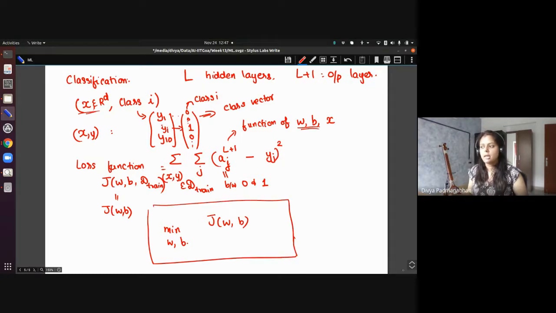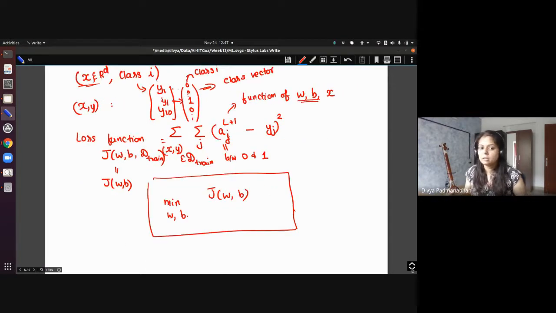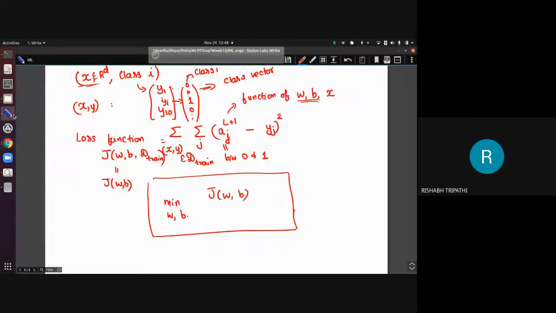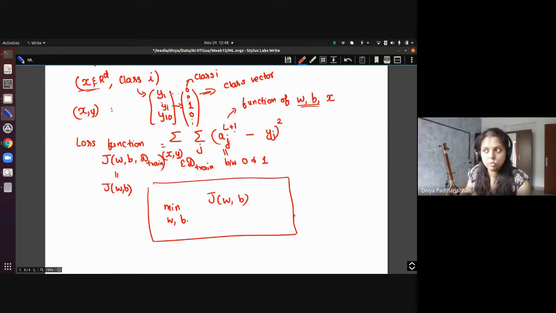Excuse me, ma'am. Yes, Rishabh. Ma'am, here in the loss function it is written a_j minus y_j. I think it should be a of x and y of x. So this a_j^(L+1) is of course going to be a function of W, B and X also.